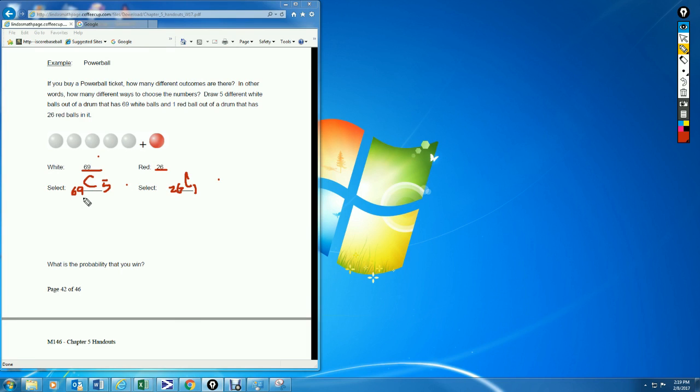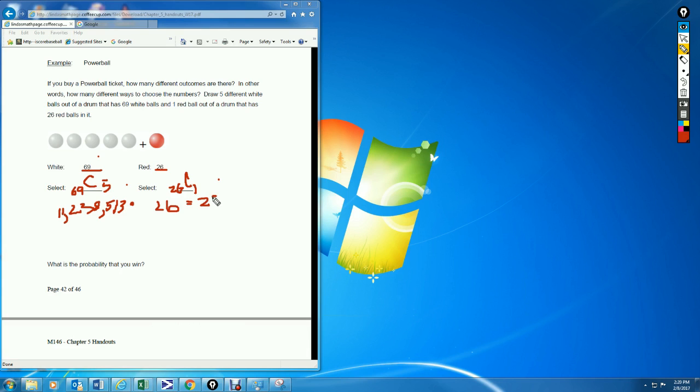So if you do C(69,5), you should get 11,238,513, and then multiply that by 26. Okay. All right.